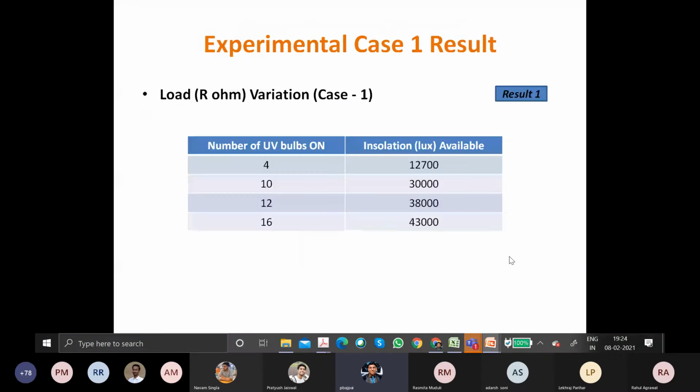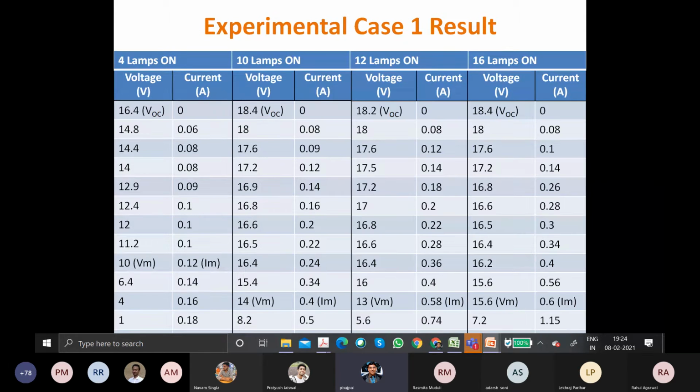So this was about the load variation, and these are the lux values which we have recorded for different number of lamps, and these are the voltage and currents.